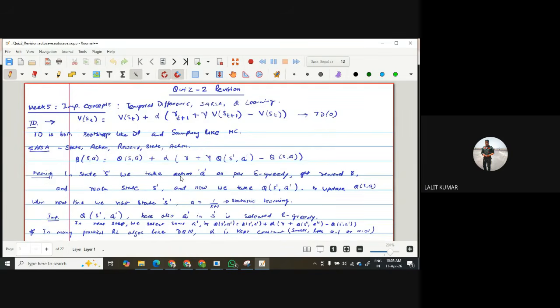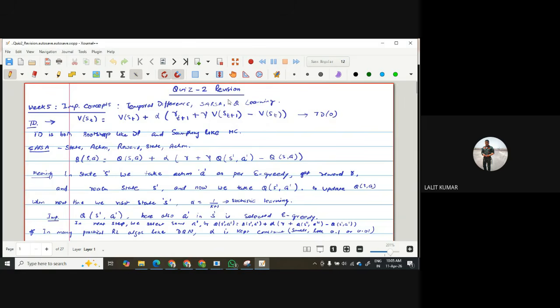So the formula is V(S_t) = V(S_t) + alpha, where alpha is the learning rate, times R_{t+1}, the reward, plus gamma, which controls how much importance I want to give to the next step, times V(S_{t+1}), the estimate for the next step, minus V(S_t).